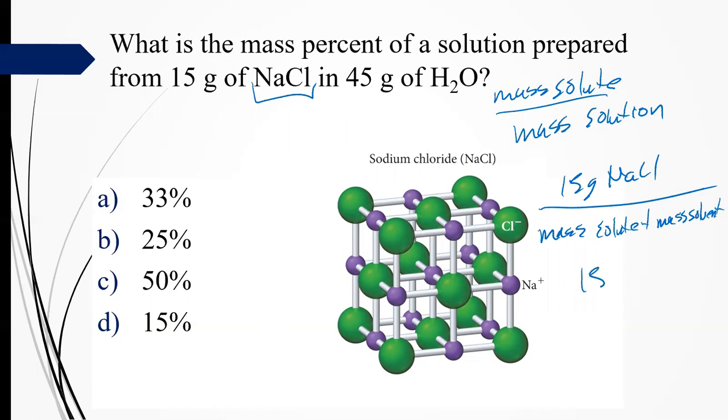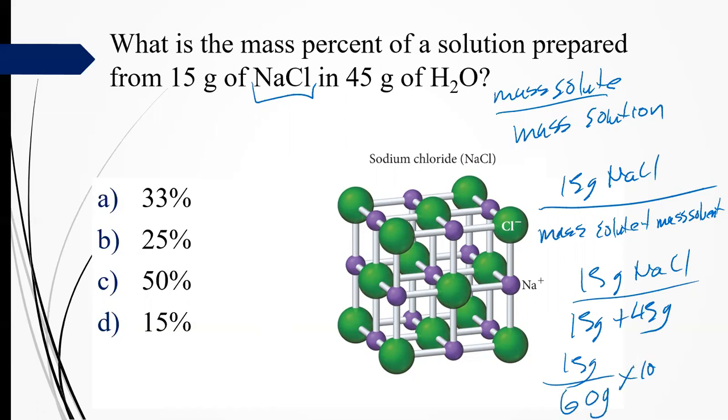So that should be 15 grams of NaCl over 15 grams plus 45 grams, which gives us a total of 15 grams over 60 grams. We multiply that by 100% to get its mass percent. And so we're going to come out with 25% instead of this 33%. 33% is because you didn't find the mass percent. You found the mass of the solute versus the mass of the solvent.